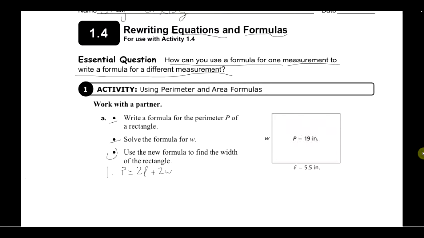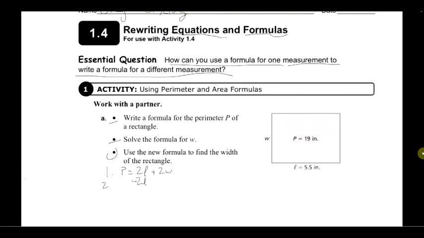Now, what we need to do is solve this formula for W. If you want to use your formula as a reference, that's okay by me. Let's look, what is the farthest thing away from W? We want to get W all by itself. So let's move 2L. 2L is being added to 2W, so we're going to subtract it away.